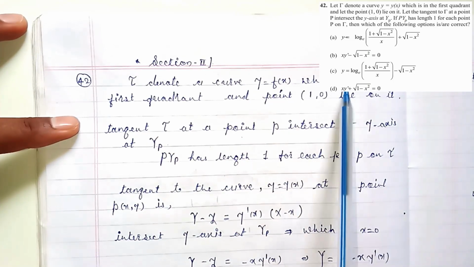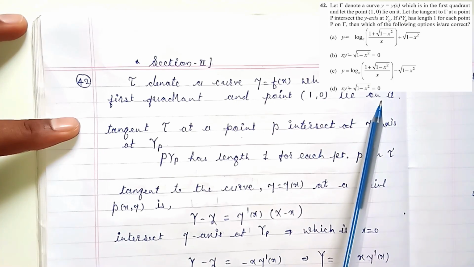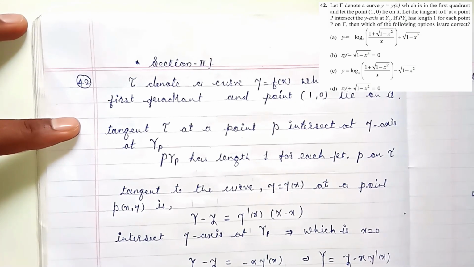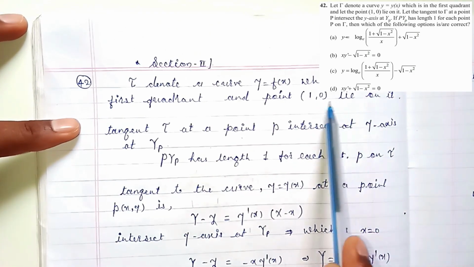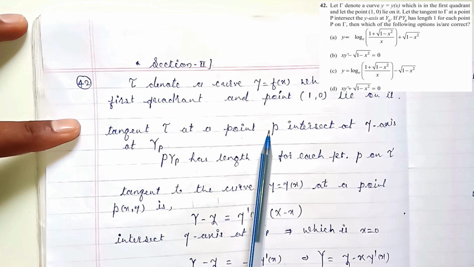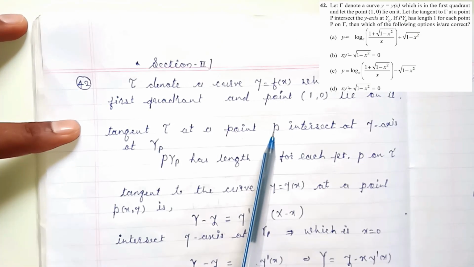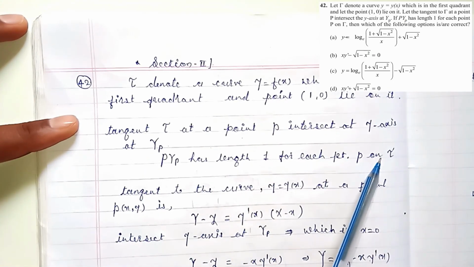Tau denotes the curve y equal to f(x), which is in the first quadrant, and the point (1, 0) lies on it. So the curve y equal to f(x) is in the first quadrant, and it starts from the point (1, 0), which lies on it. The tangent to tau at a point P intersects the y-axis at Y_P, and P Y_P has length 1 for each point P on tau.